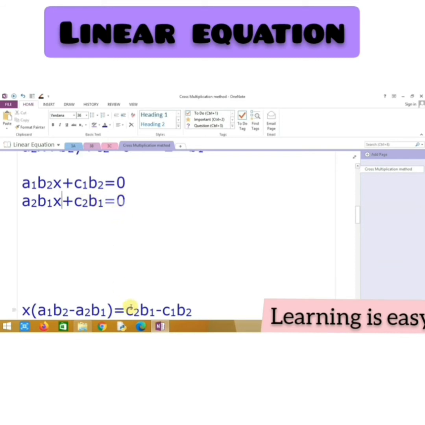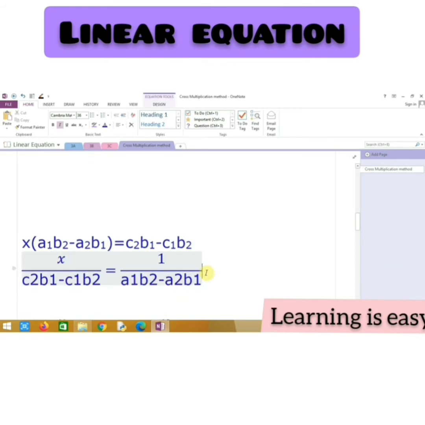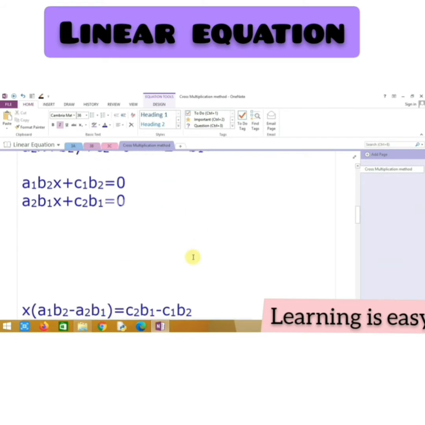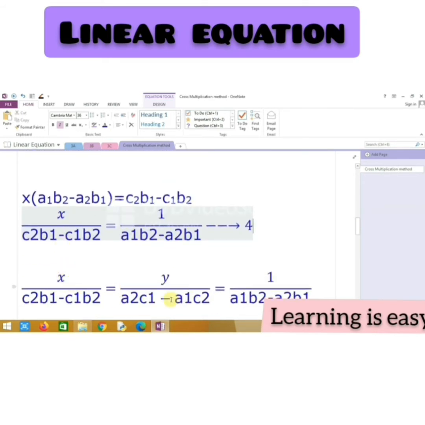So by subtraction, we can rewrite it bringing the x common outside. Now if you compare equation 4 and 3, we see the constant is the same, a1 b2 minus a2 b1. So this can be rewritten as x by c2 b1 minus c1 b2 equal to y by a2 c1 minus a1 c2 is equal to 1 by the constant.